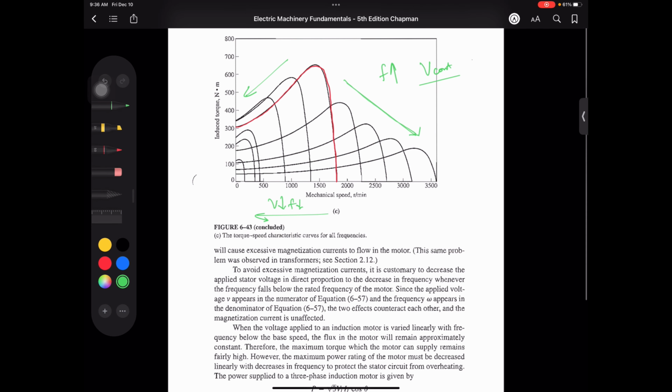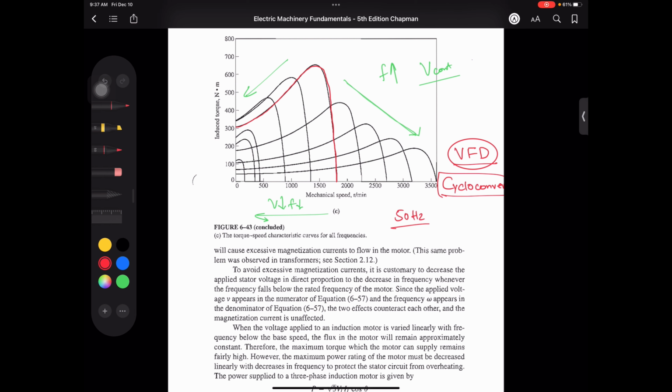So this method of speed control is the best, in which you are using a variable frequency drive, or this is also called in some electrical terms a cycloconverter. Because a cycloconverter means the device which can actually change the frequency.